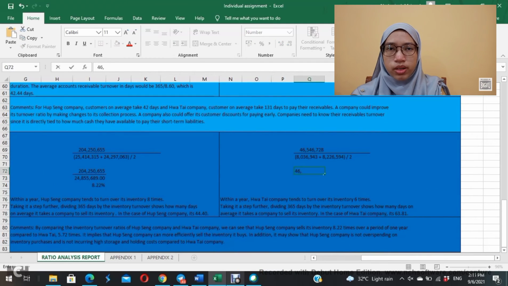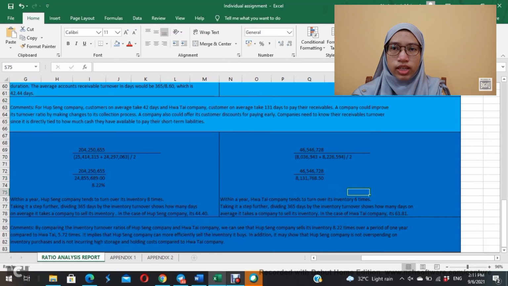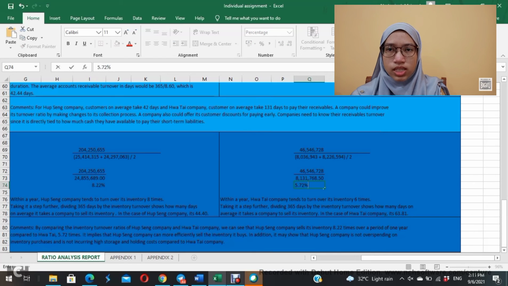For Huatai Company, the cost of goods sold is 46,546,728 ringgit divided by average inventories 8,131,768 ringgit and 50 cents. Then we get 5.72. Within a year, Huatai tends to turn over its inventory 6 times.